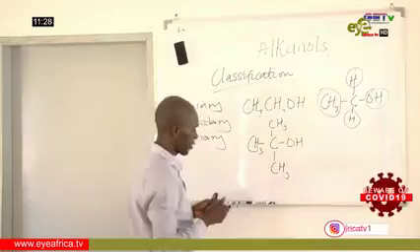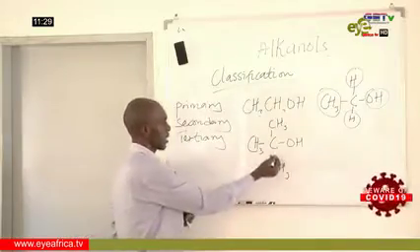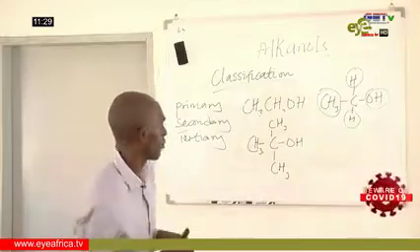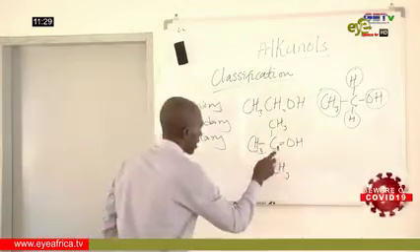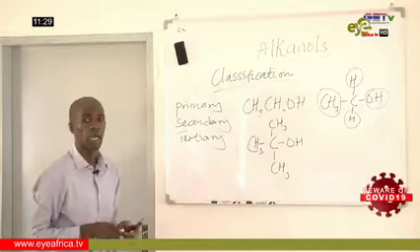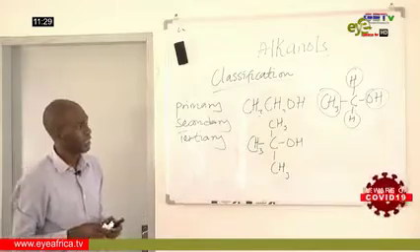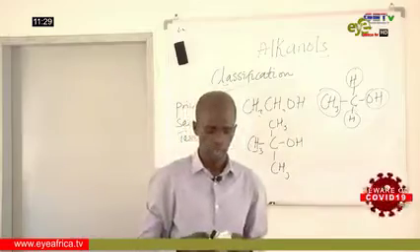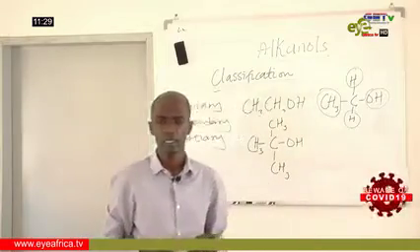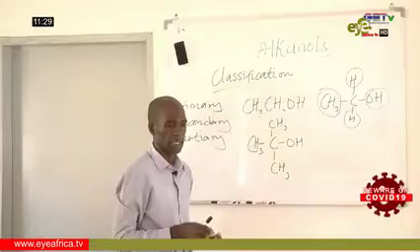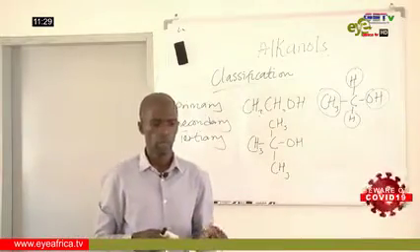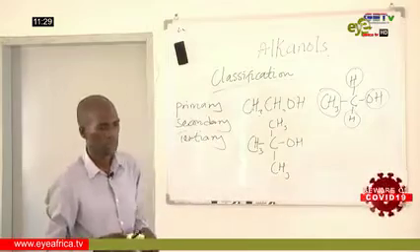As you can see, there is no hydrogen attached to the carbon that bears the functional group. So therefore, this is referred to as a tertiary alcohol. Basically, these are ways you can use in classifying alcohols. We can classify them as primary, secondary, and tertiary based on the number of R groups attached or the number of hydrogens attached to the carbon that bears the functional group.